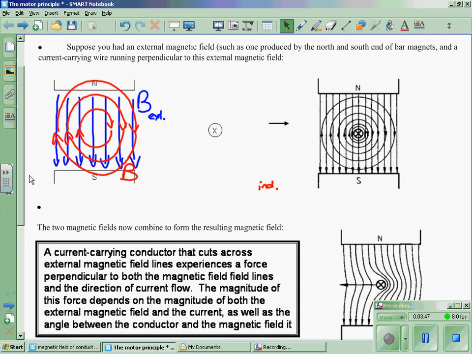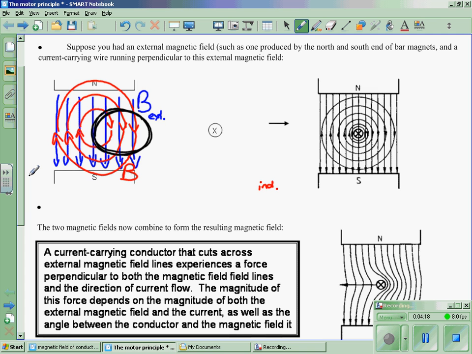First of all, if I look directly to the right side, and again, I know it's going to be a little difficult to see here, but on the right side that I've circled here in black, you'll notice that the external magnetic field lines, which I've colored in blue, and the induced magnetic field lines, which I've colored in red, all tend to go in the same direction. In this case, towards the south pole.